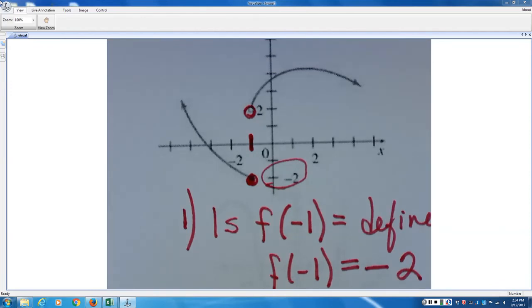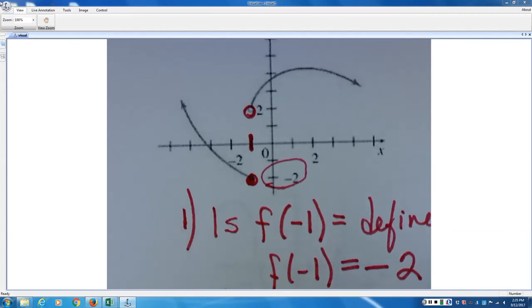Second step. Does the limit as x approaches -1 exist? How do you know the answer to that is no? If I approach from the left, oh, I guess that's a g of x.